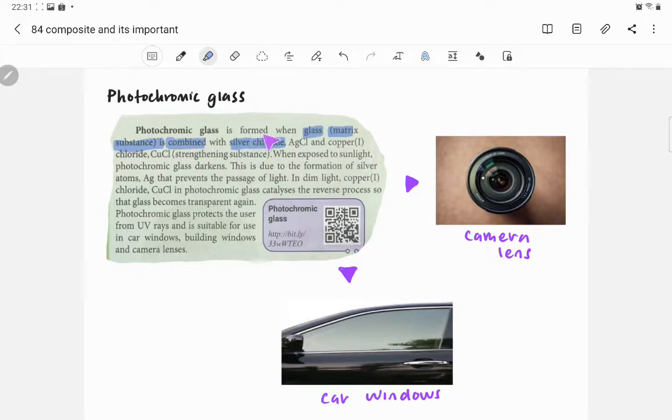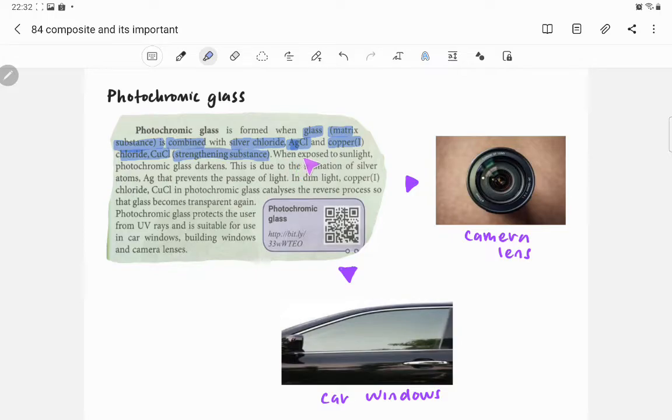You need to remember, glass, which is matrix substance, is combined with silver chloride and copper chloride, CuCl, copper 1 chloride, as a strengthening substance. So the matrix is glass for photochromic glass. Silver chloride and copper chloride are strengthening substances.